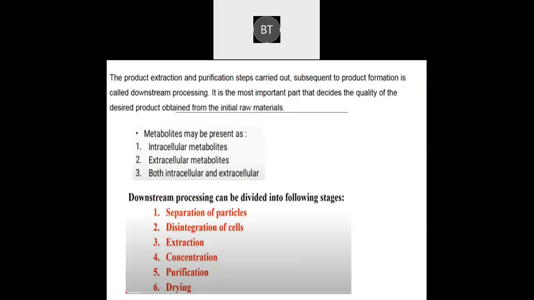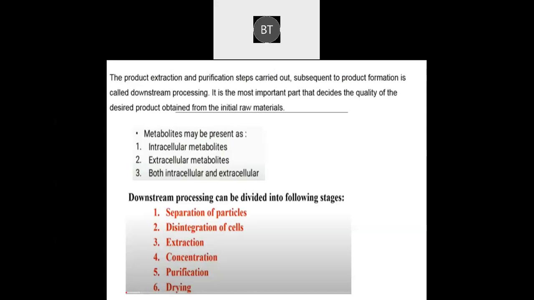Salvageable components means those components which are considered as waste, but they do have some applications. So recovering those is known as salvageable components. And downstream processing is also used in the proper treatment and disposal of the waste.